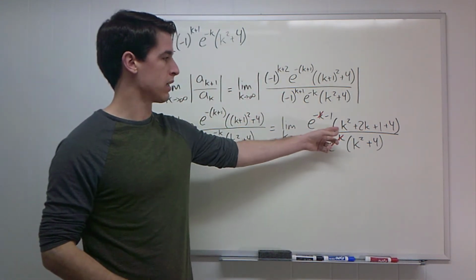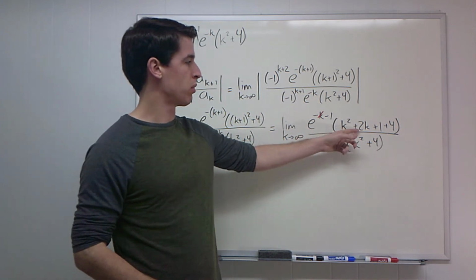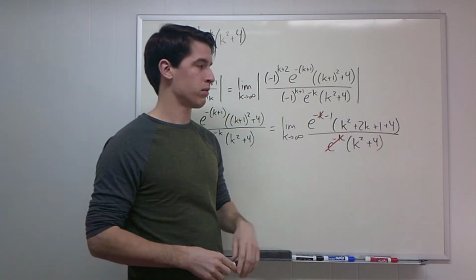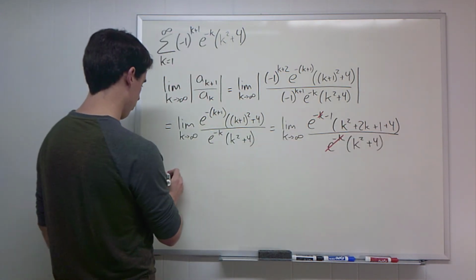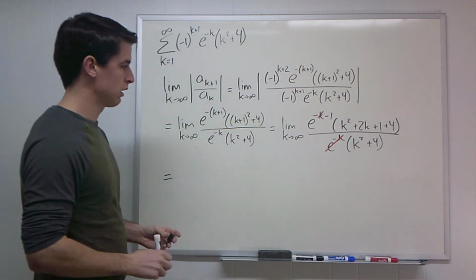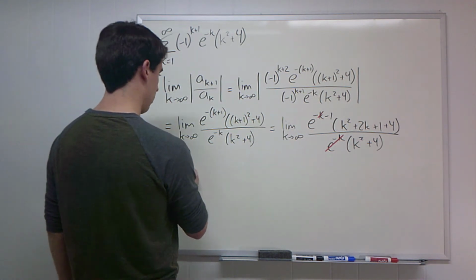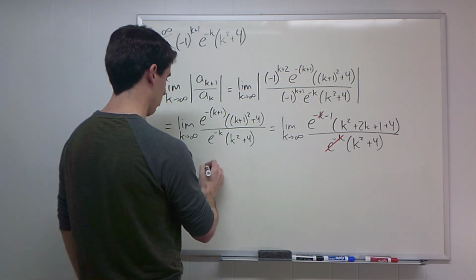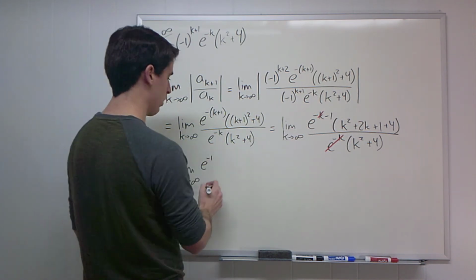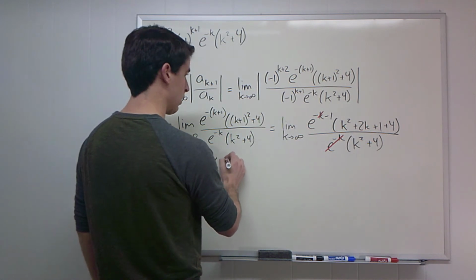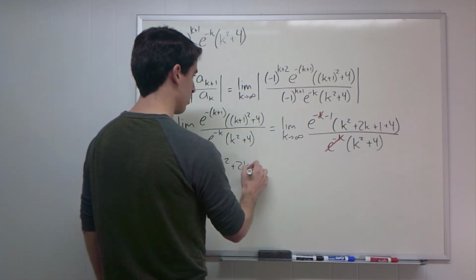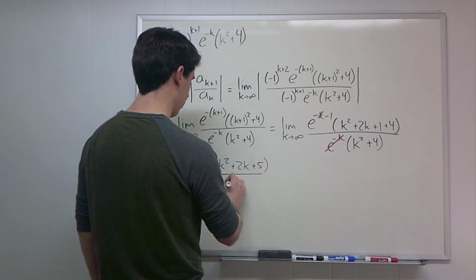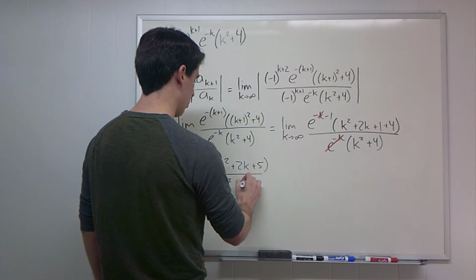And of course here I can simplify the k^2 + 2k + 1 + 4. The 1 + 4 just becomes 5. So, let me rewrite this. We'll have e^(-1) times (k^2 + 2k + 5) all over (k^2 + 4).